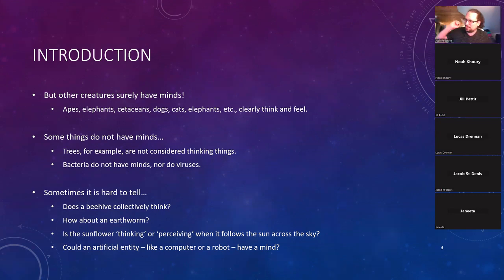But plants, what about plants? Is the sunflower thinking and perceiving when it tracks the sun across the sky? This is called heliotropism, and it's a characteristic that many plants have. Sunflowers will track the sun across the sky and then close up at the end of the day, right? Are they thinking?